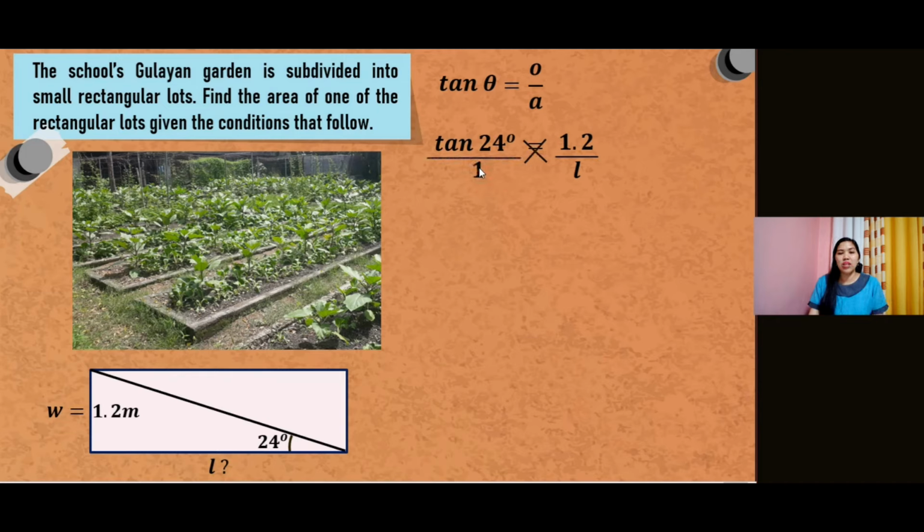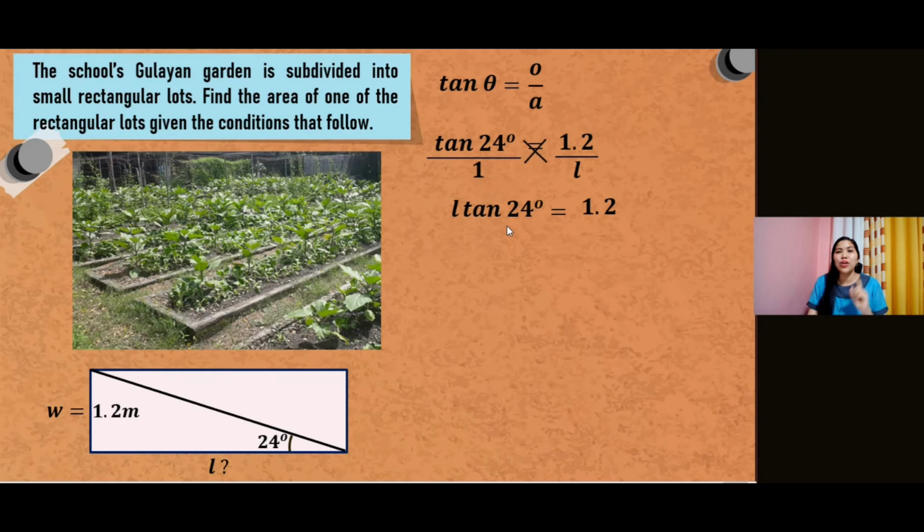Once again, the invisible denominator is 1. So let's have L times tangent of 24 degrees. This is L tangent of 24 degrees, and this is equal to 1 times 1.2, which is 1.2.